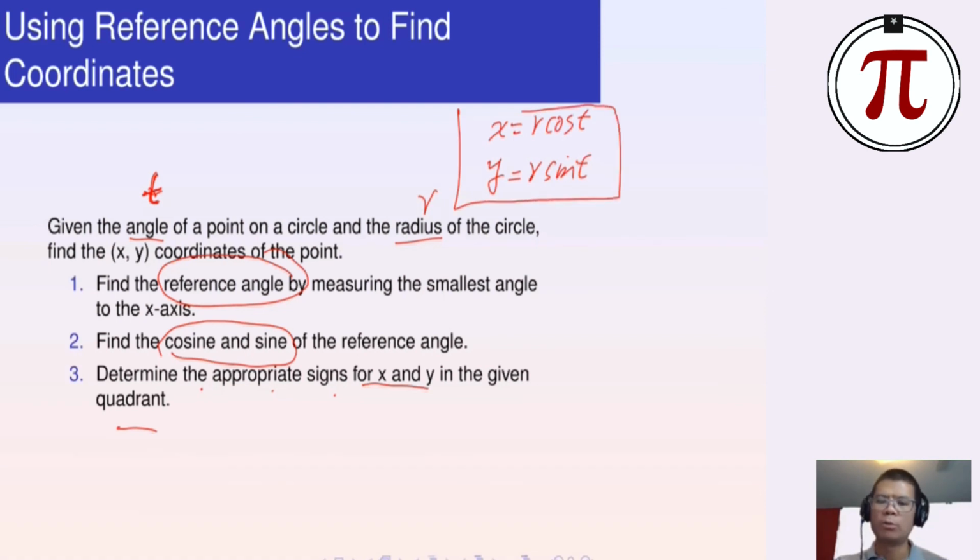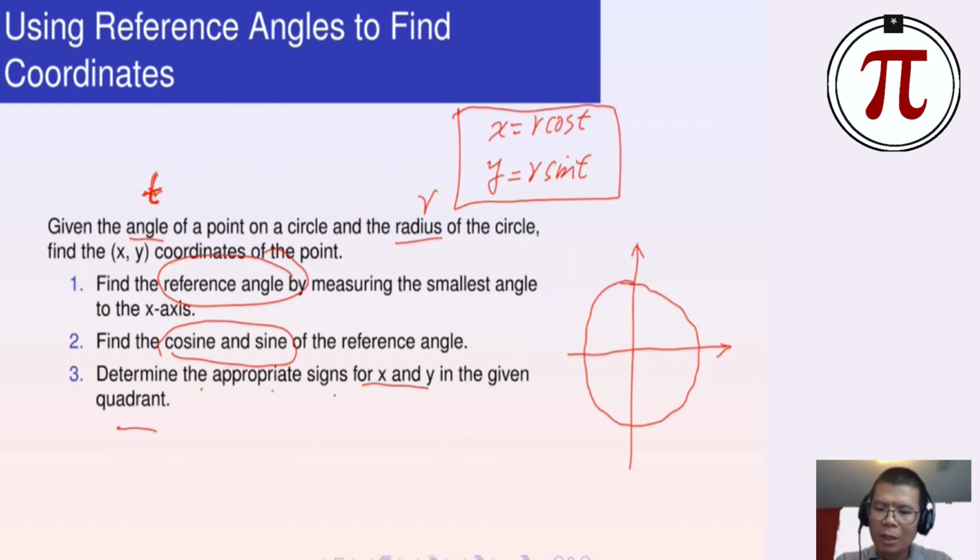Okay, so this is the general formula for this type of question. All right, x equals r cosine t, y equals r sine t. So in other words, this may not be a unit circle, right? So the sketch is bad. Sorry.